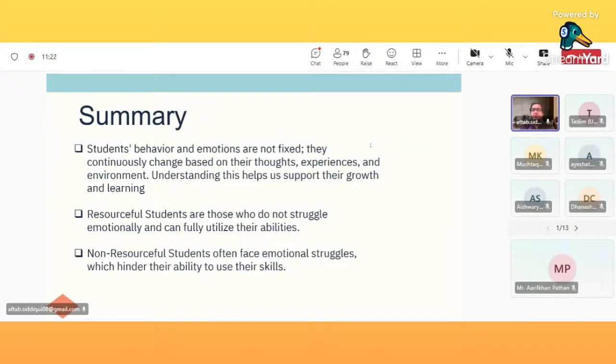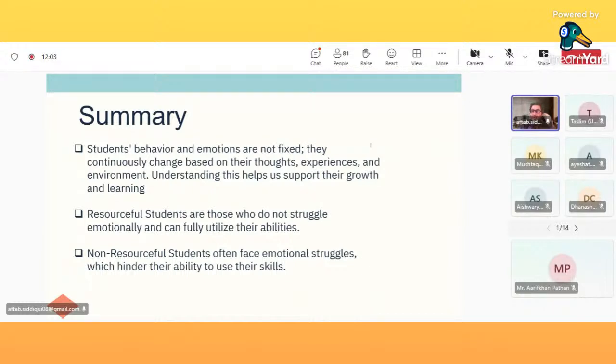And second, we learned about non-resourceful students. Who are they? They are the students who often face emotional struggles which hinder their ability to use their skills. Often they get anxiety, self-doubt, and stress about their performance and academics, and these factors hinder their capacity to recall information, make sound decisions, or stay engaged in learning.